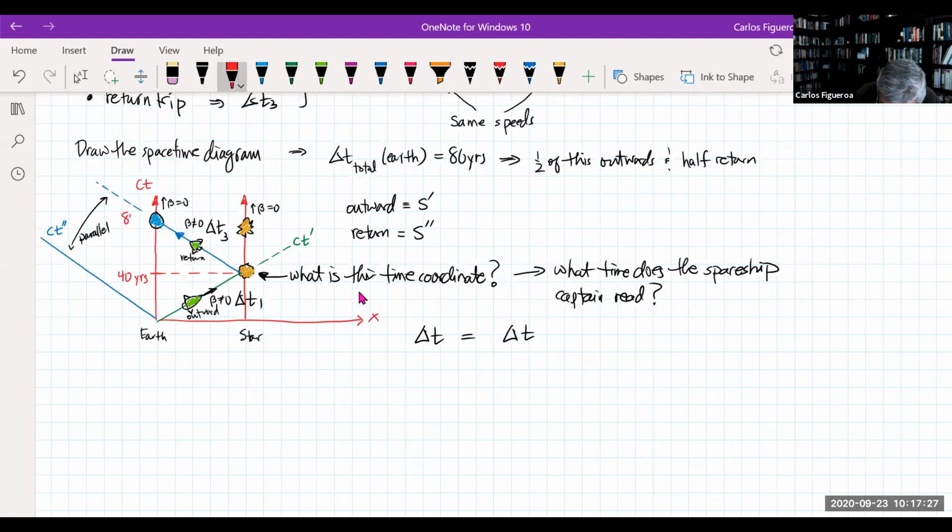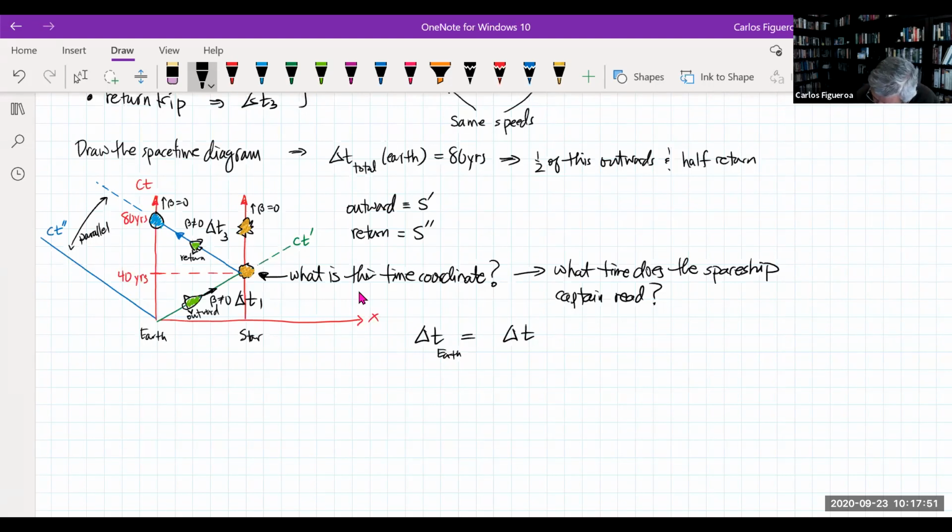This is 80 years up here, because that's what the question tells me. But in the Earth's frame, we know it's 80 years. In the rocket frame, we know that that has to be the proper time. It has to be the shorter time.